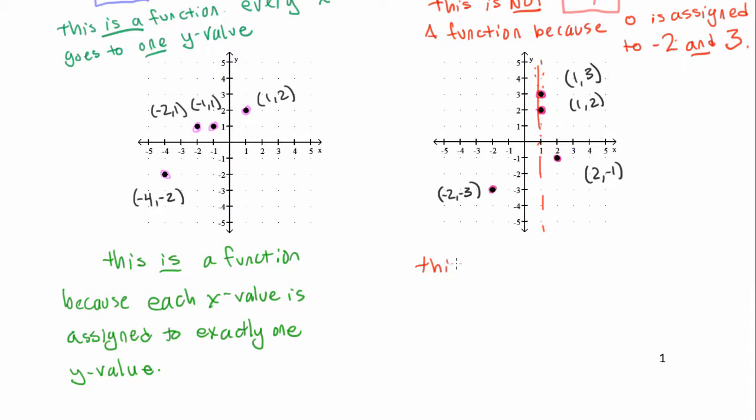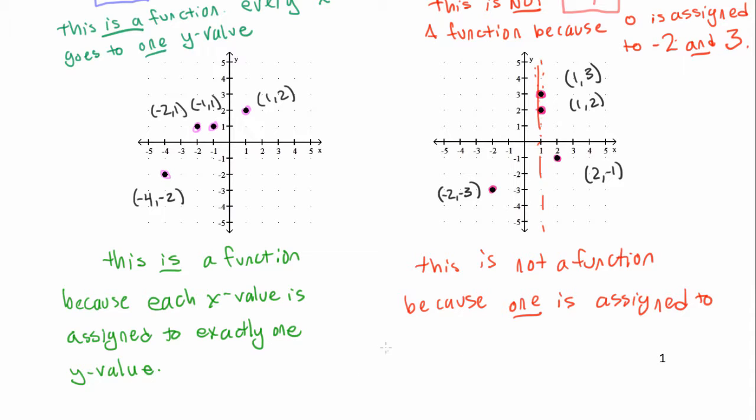So this is not a function, because 1 is assigned to 2 and 3. And now this vertical line idea ends up being really important, and we'll see where that vertical line comes into things on page 2.